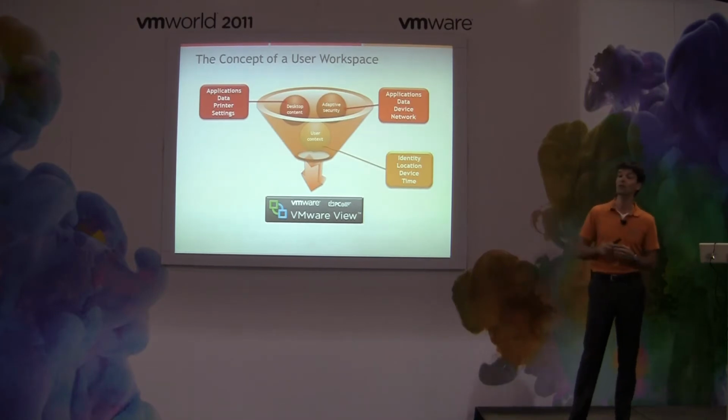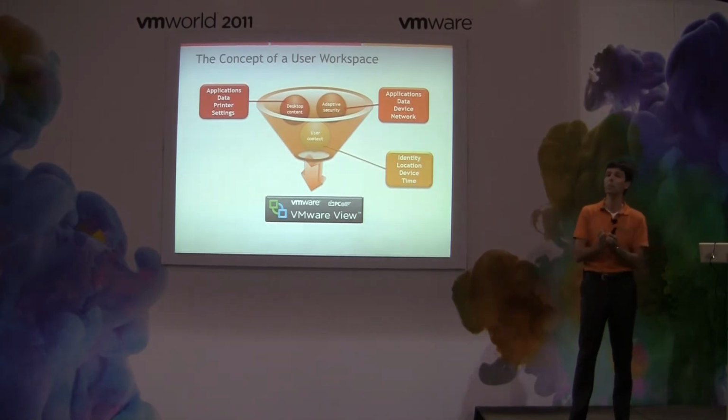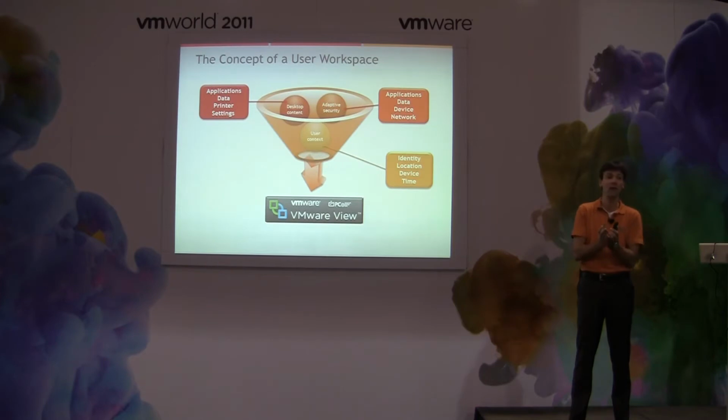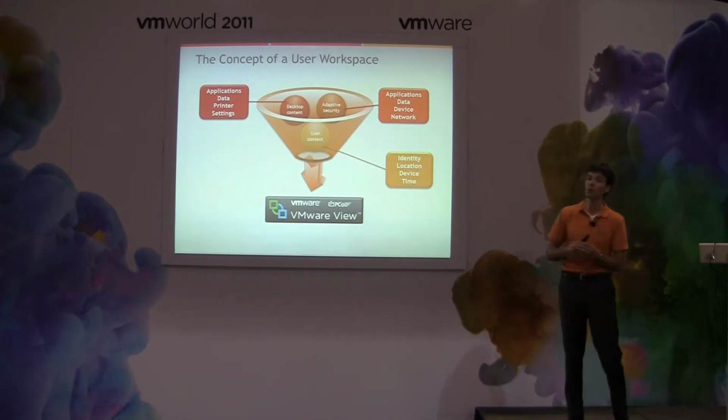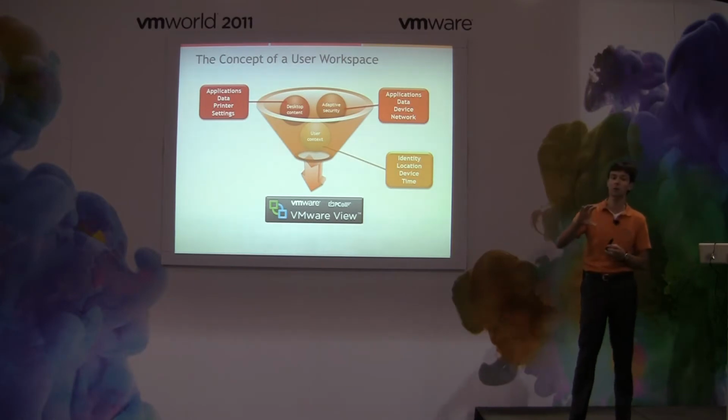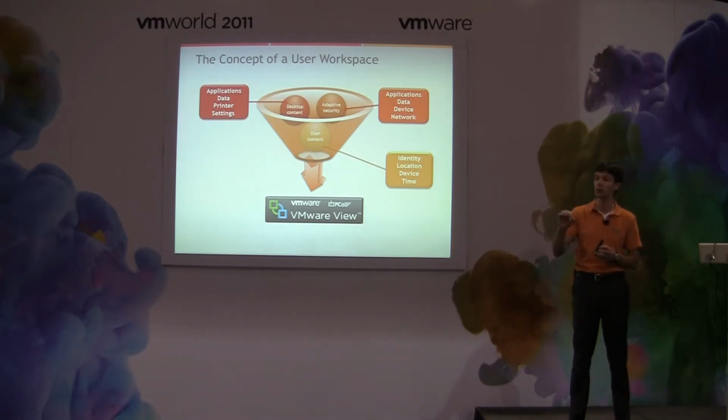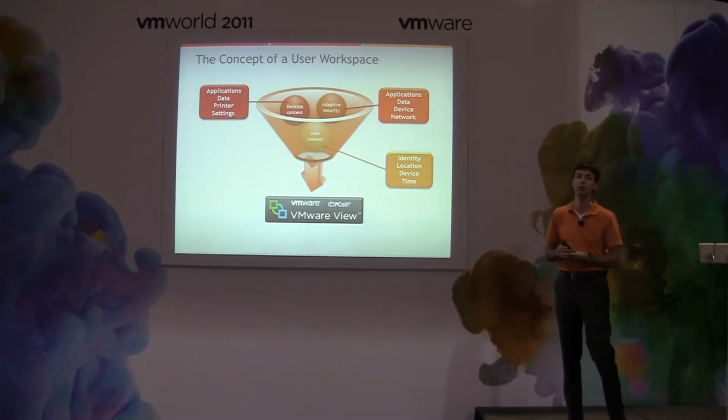If you combine these three together, you can dynamically compose this workspace on top of any Windows platform. For example, VMware View. You will have your standardized image of VMware View, but based on the context, we will create a personal experience. We will provide the appropriate application data, printers and settings for the user based on that virtual machine. So, although it's a single image, everybody will have a personal experience. And that's what I'm going to show you right now.